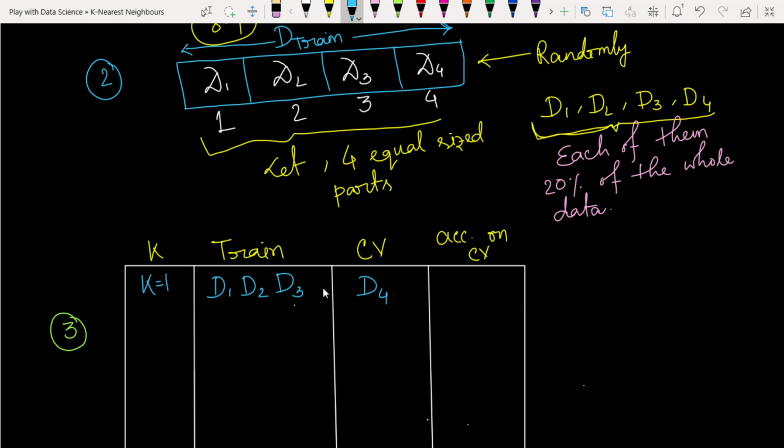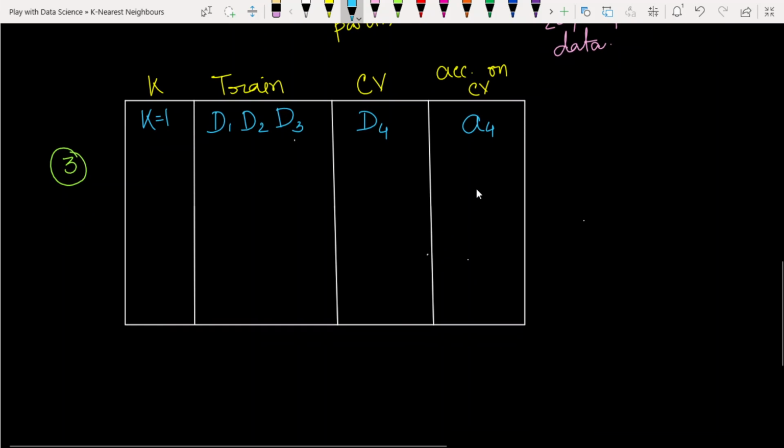Okay, suppose for these partitions, and for these cross validations on d4, we get an accuracy. Let's say we get a4, because we are considering d4 as our cross validation data, so the accuracy of this is a4.